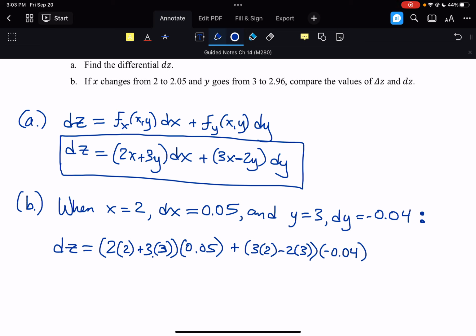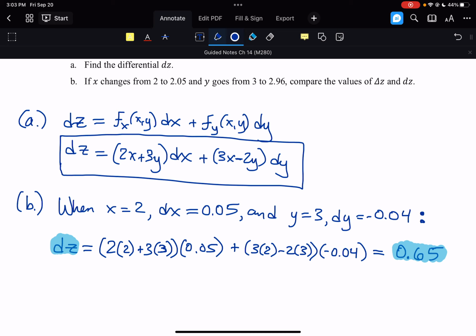We get 4 plus 9, which is 13 times 0.05, which will give us 0.65. So we get dz is 0.65.